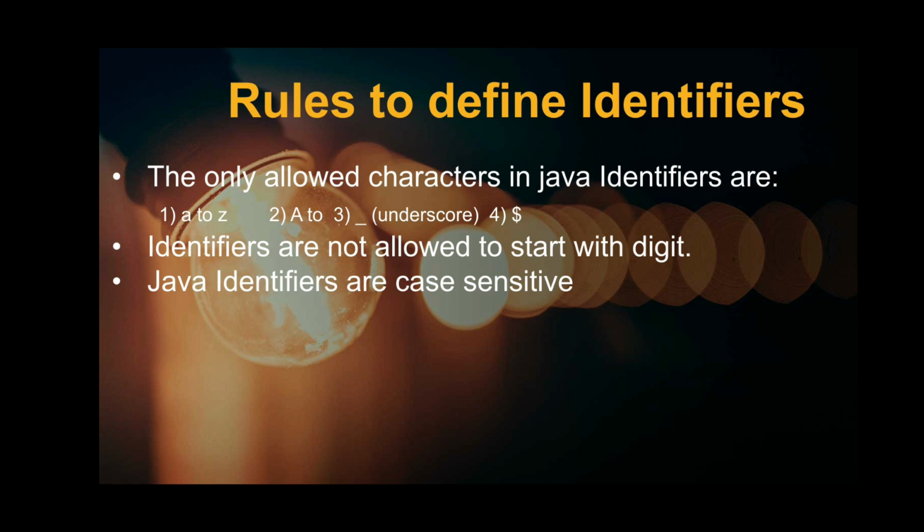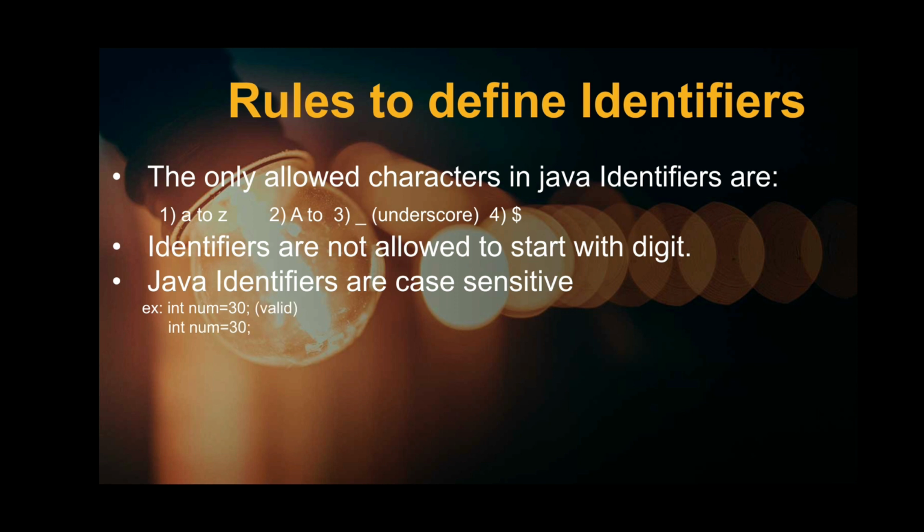Now the third rule is Java identifiers are case sensitive. Case sensitive in the sense, we will discuss this point with an example. Here I am creating one variable int num = 30. Is it valid or not? It's valid. Why? Here we are using only small letters a to z.